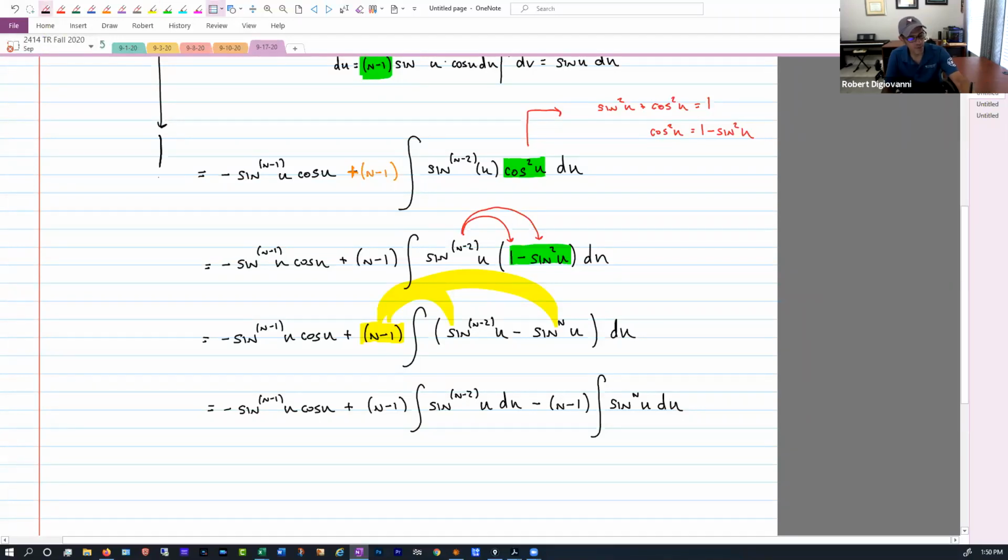Well, what's the original problem? What was the original integral we were trying to solve? Integral sine to the n u du, right? That's the original problem. Isn't that what this integral is? It has appeared again on the right-hand side. How many of these green integrals do I have on the right-hand side?